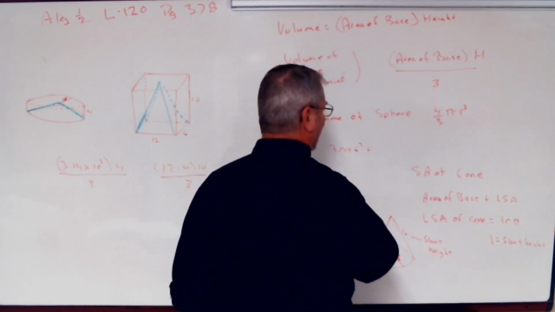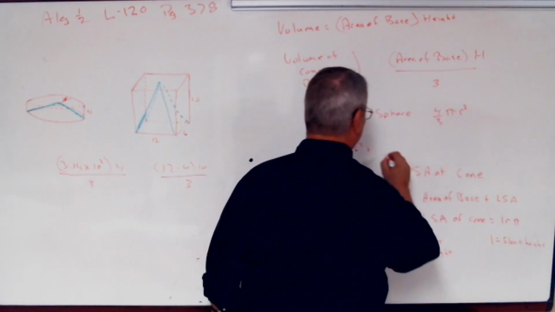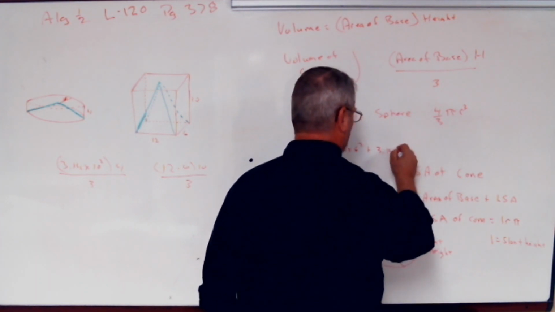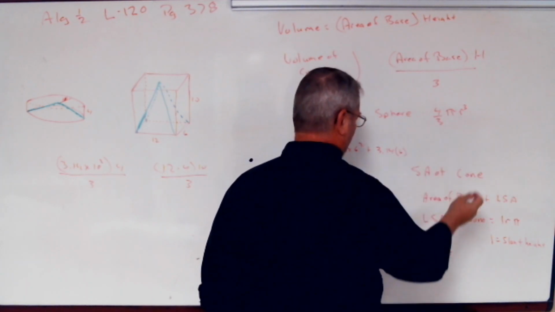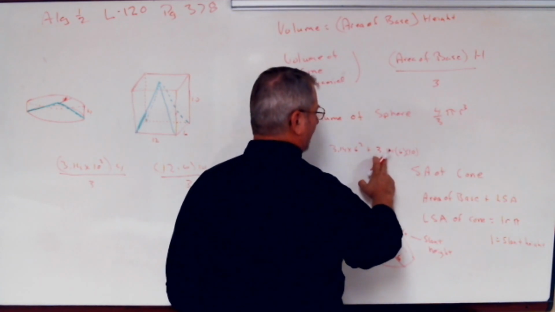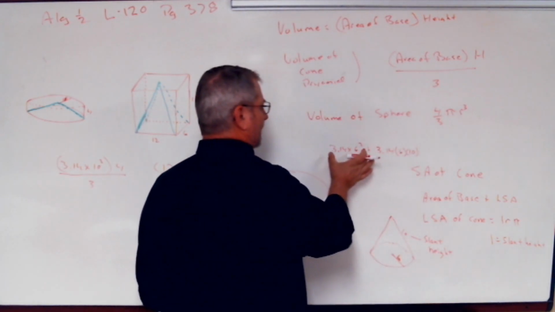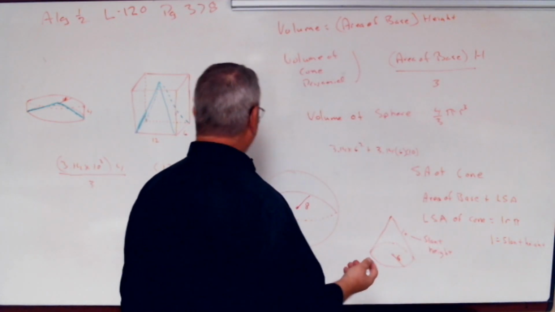And then we would add the lateral surface area, which is pi times just the radius, not squared, not doubled, not anything, times the slant height. So we have pi times the radius times the slant height. Do this, add them together. That's the surface area of a cone.